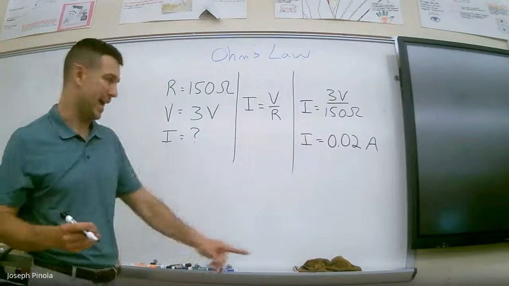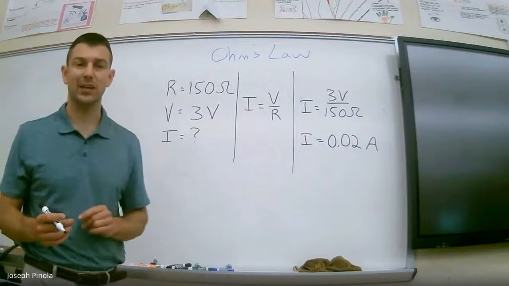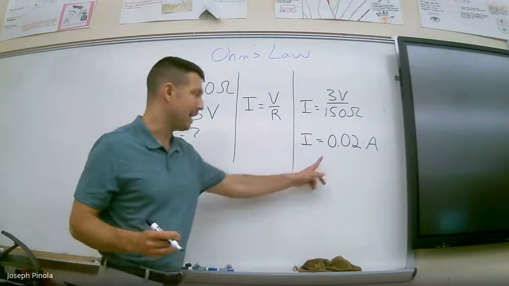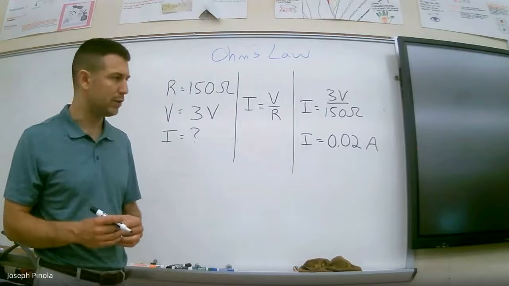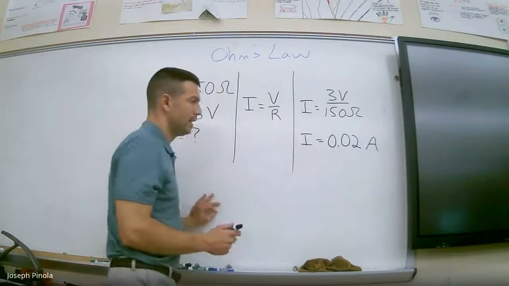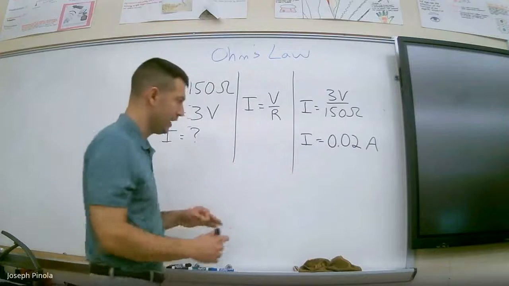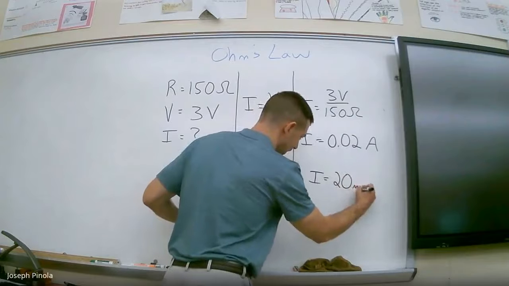You might wonder where the A came from, but that's just because I already know in my head the SI unit for current is amperes. Now I know my ammeter is going to measure in milliamps, so I could convert this measurement over into milliamps. If I were to do that, my calculation would show me a current of 20 milliamps.